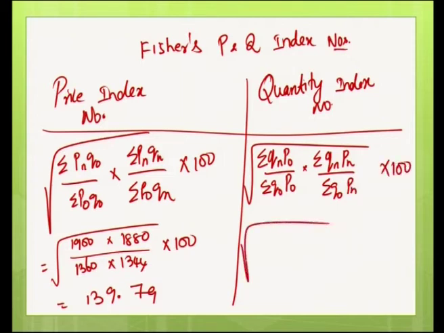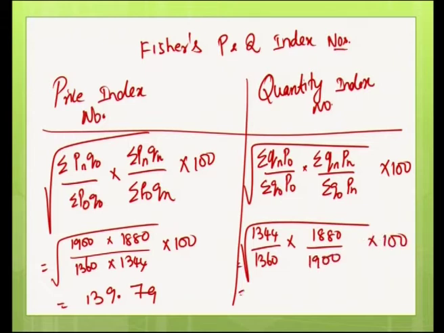So, the values are written 1344 by 1360 into 1880 by 1900 into 100, and the answer is 98.89. Okay. So, by Fisher's method, price index number answer is 139.39 and quantity index number answer is 98.89.